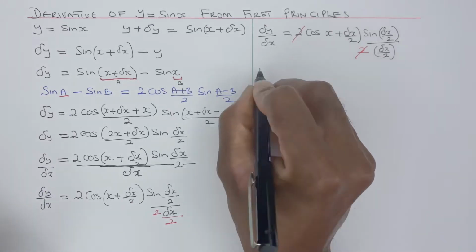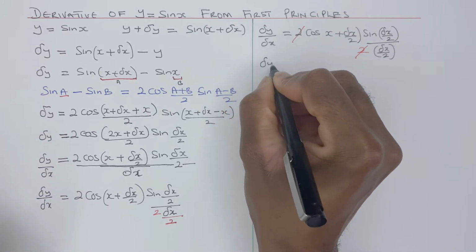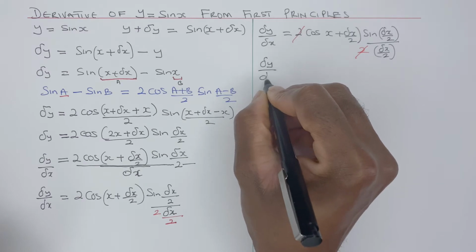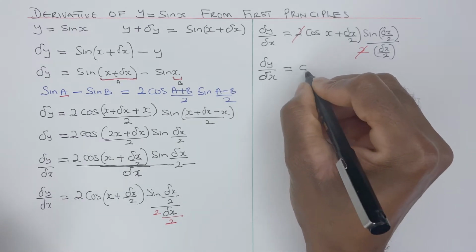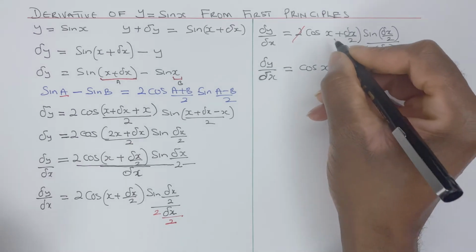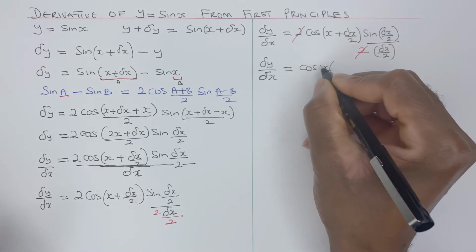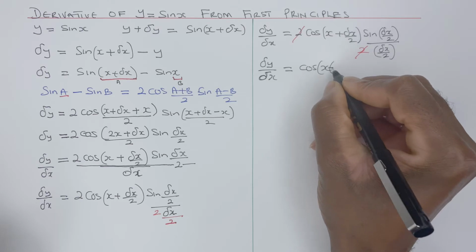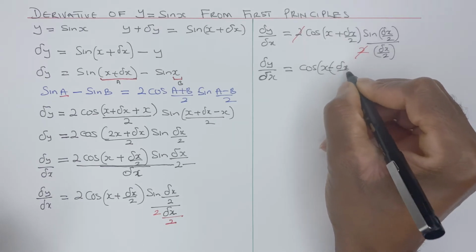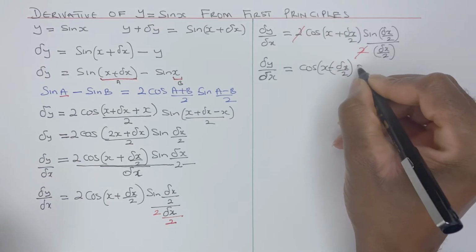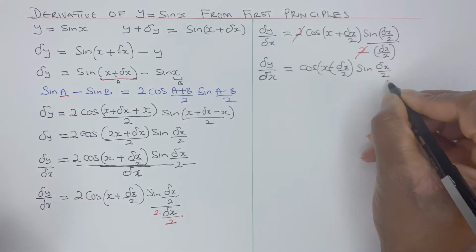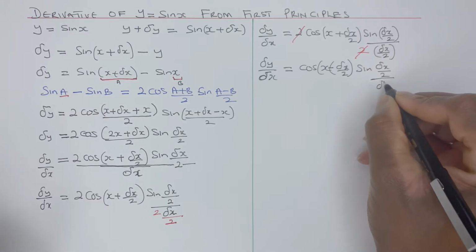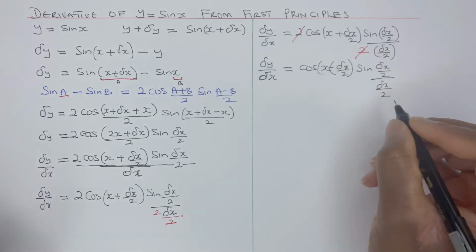And now I have delta y over delta x equals cos of (x plus delta x over 2), sine of (delta x over 2) over (delta x over 2).